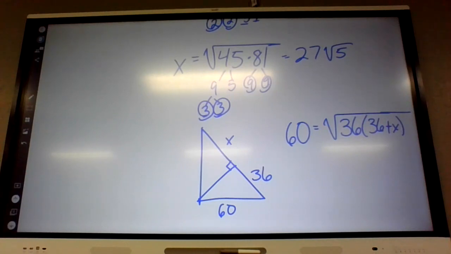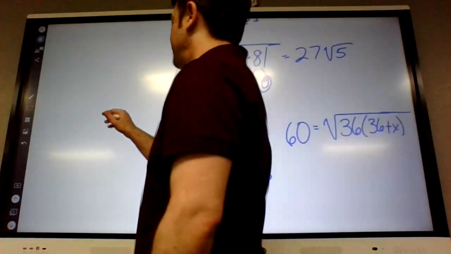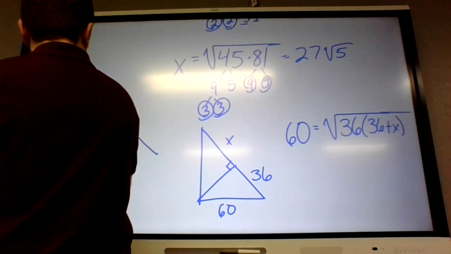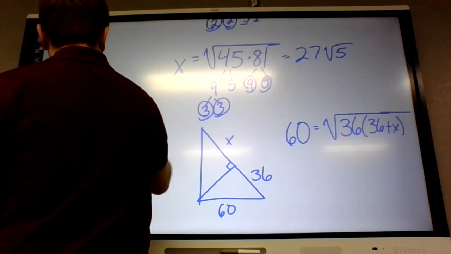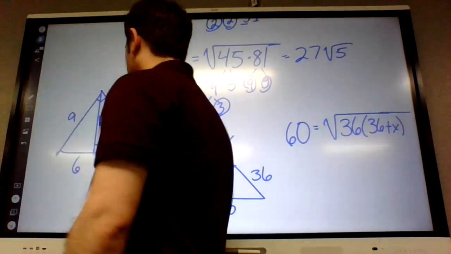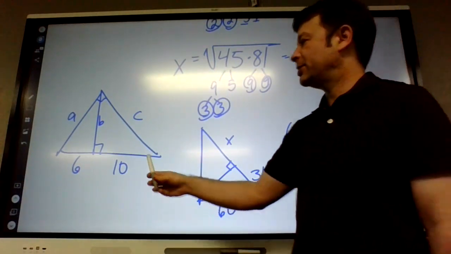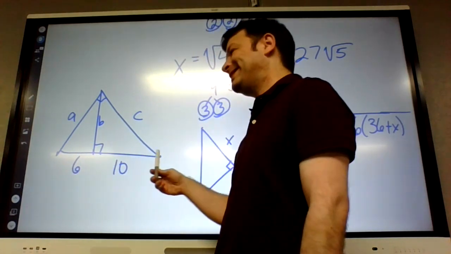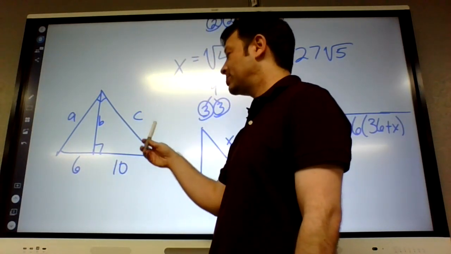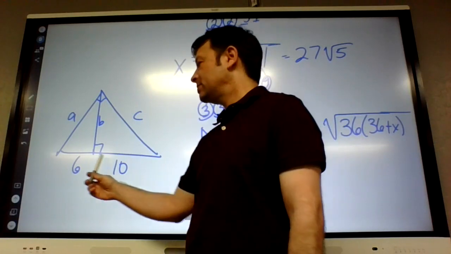Is this specific one on the top? I probably didn't put that third one on there, but it's a pretty good chance I put one of the other two on there. A lot of times when we did this problem, it would look something like this. Remember doing that? So B would be square root of 6 times 10, A would be square root of 6 times 16, and C would be the square root of 10 times 16.